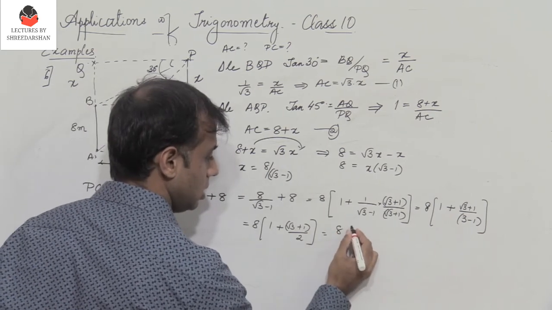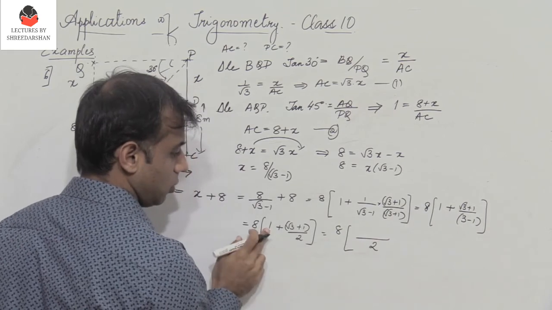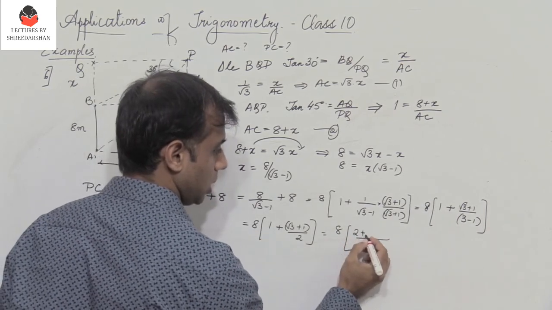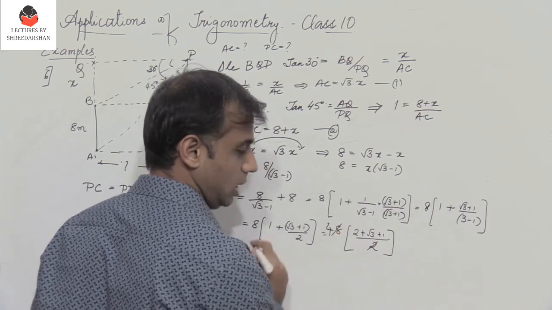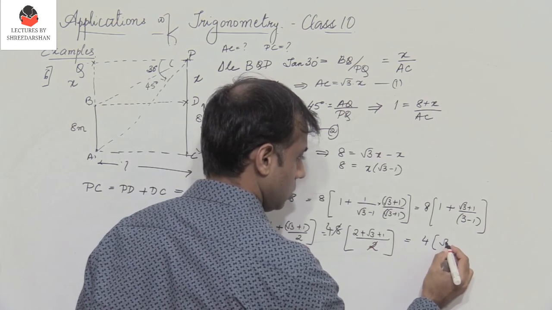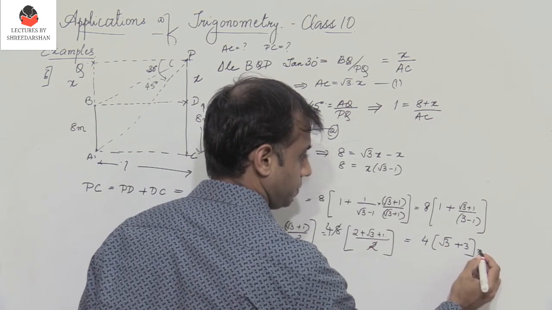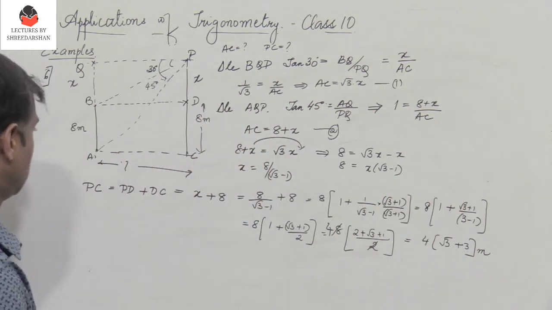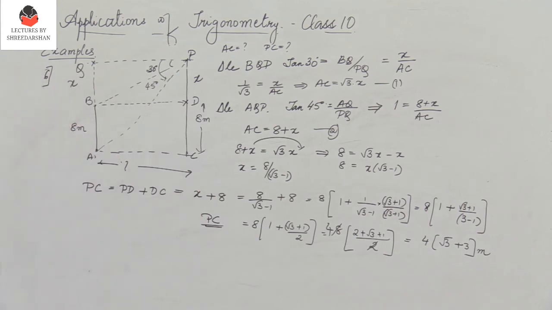Taking the LCM, here I have 1 into 2, which is 2, plus root 3 plus 1. So 2 and 8, I get 4. So I get 4 into root 3 plus 3. So the value of PC, which is the height of the multi-storied building, would be 4 into root 3 plus 3.